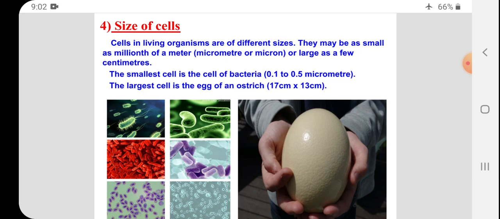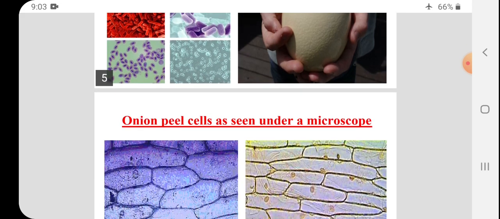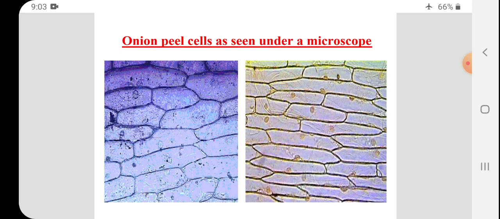And you can see the other cells on the left hand side, which are pictures taken through the microscope. Whenever you come to the 10th standard or 11th standard, we will do the practical to observe onion peel cells and cheek cells.